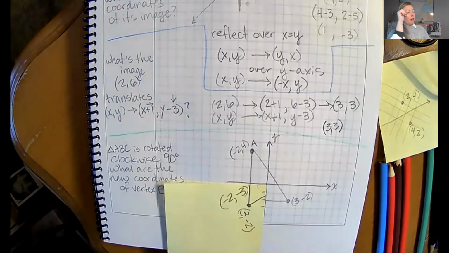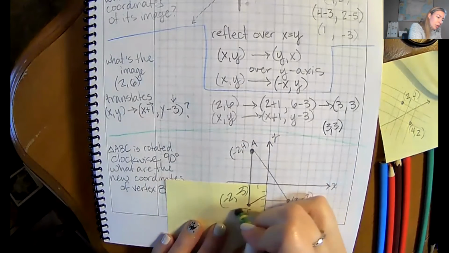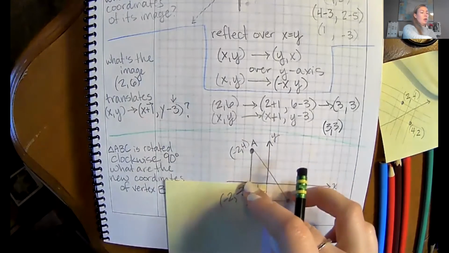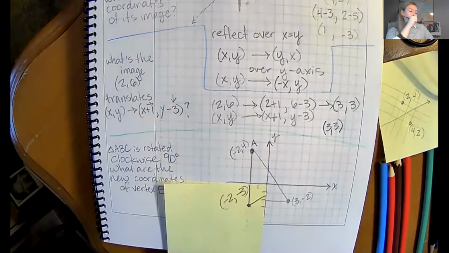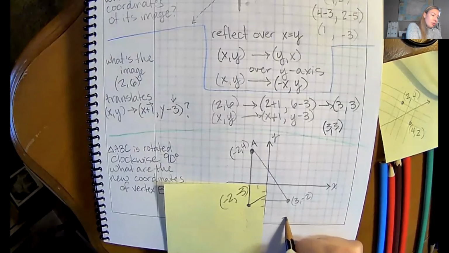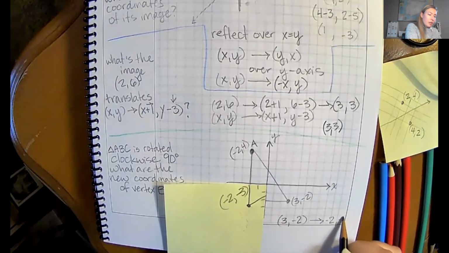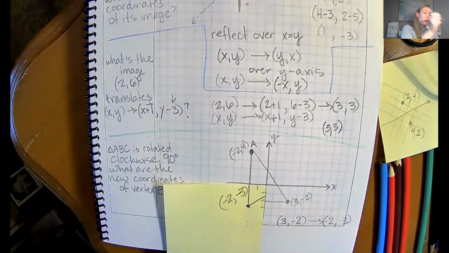Okay, this 3, -2 is confusing me. So I went from 3, -2 to its image, -2, -3. What happened there?